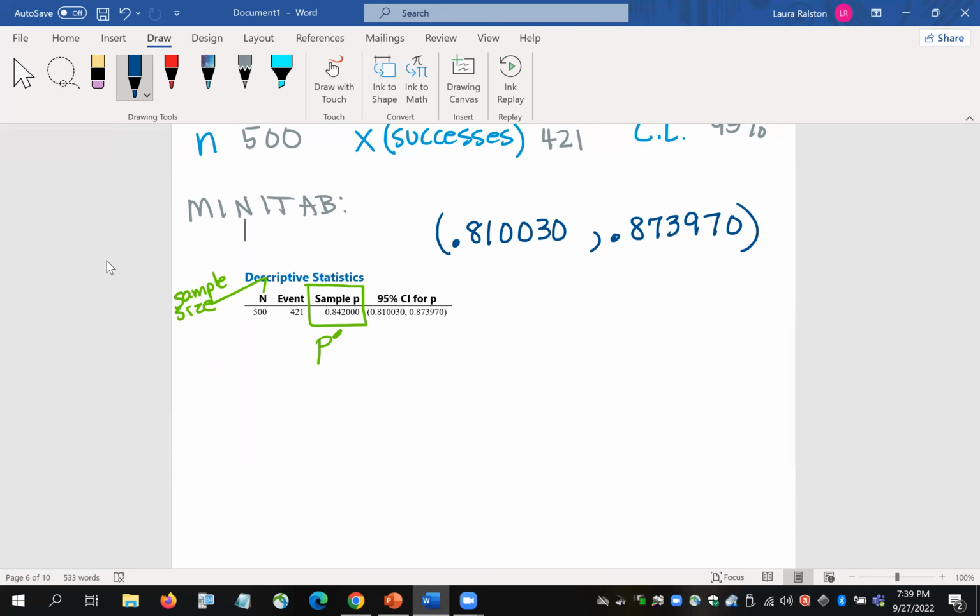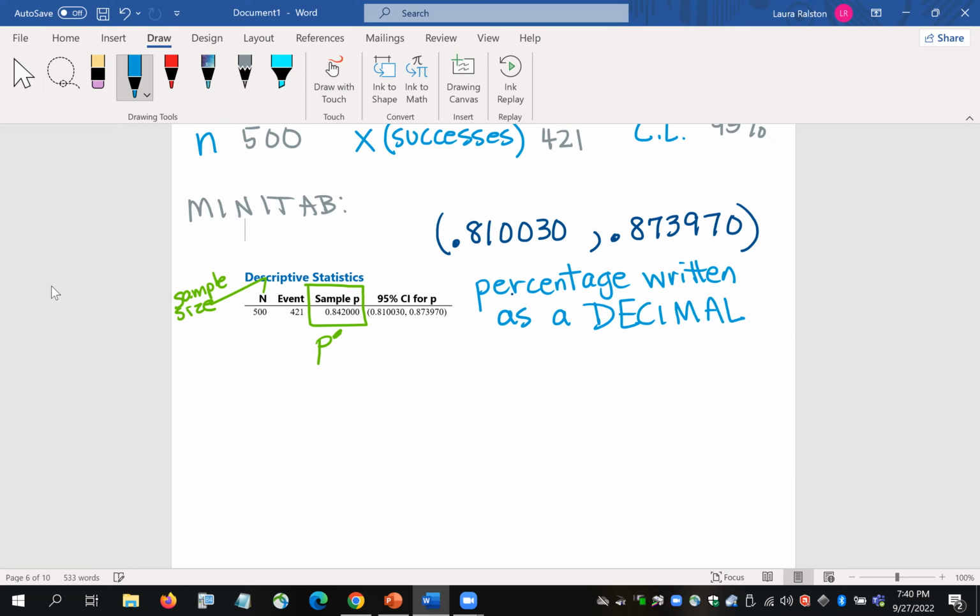Your results are decimals, or excuse me, let me write it this way. That result is a percentage written as a decimal.